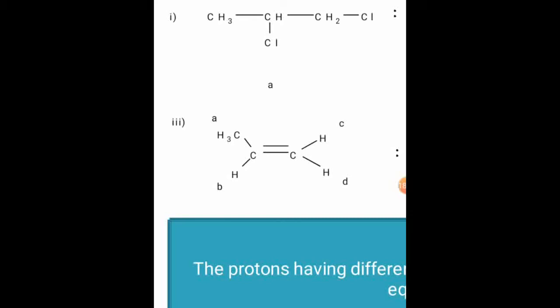Hence HB and HC are trans to each other, and HB and HD are cis to each other. So HC and HD protons have different chemical environments. So in propene there are four sets of protons, or propene gives four peaks on the NMR scale.